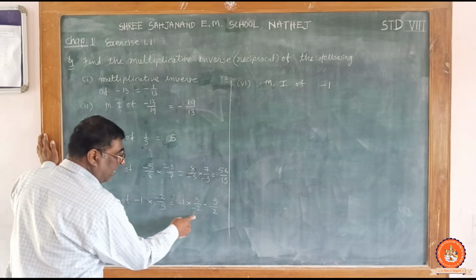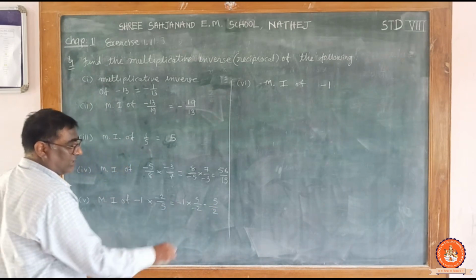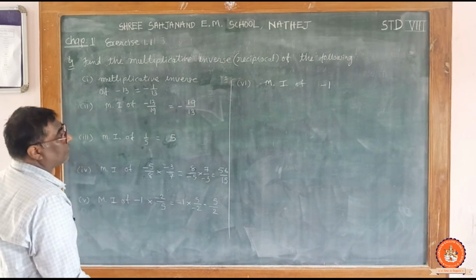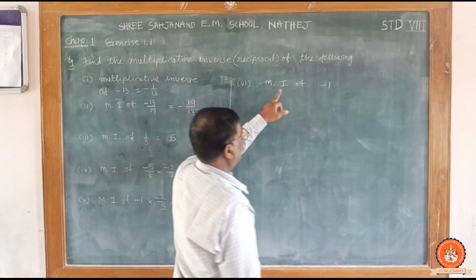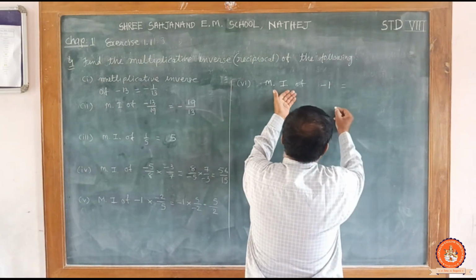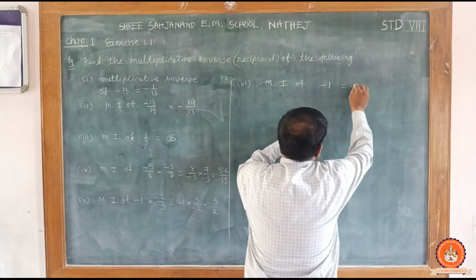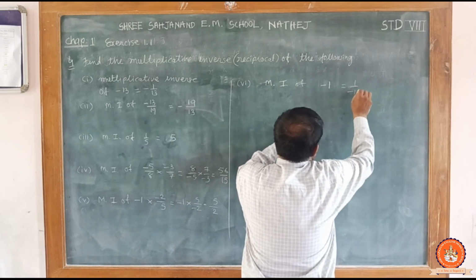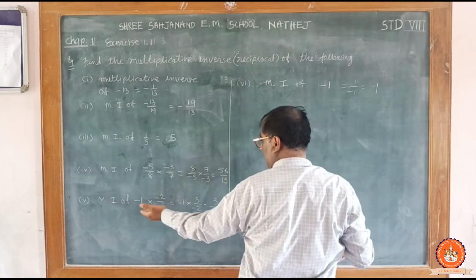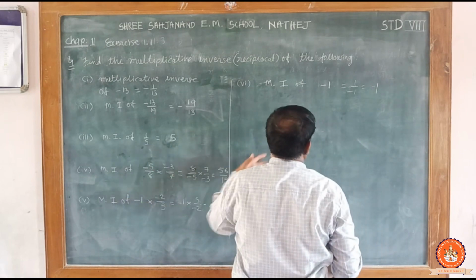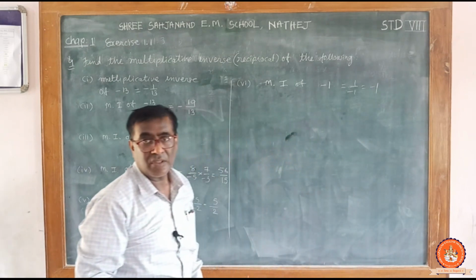So negative negative will be cancelled. The answer is 5 upon 2. Now multiplicative inverse of minus 1. The multiplicative inverse of minus 1 is 1 upon minus 1, and that is minus 1. As you have learned, multiplicative inverse of minus 1 is minus 1.